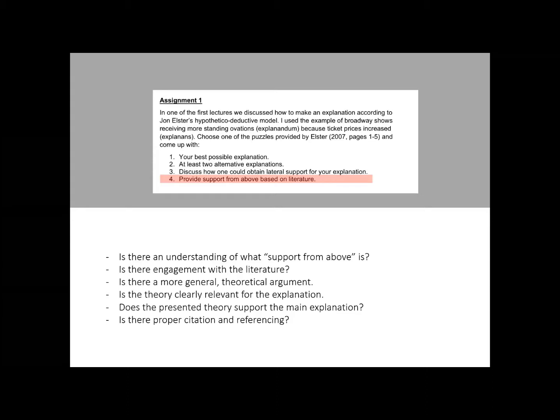So the theory of cognitive dissonance is a general theoretical argument, for example, about what goes on in people's brains. That's just one argument. You could make another theoretical argument, but that argument can explain why people stand up in the Broadway shows. You see, that's the distinction between the general thing, which is the theoretical argument, and the specific explanation that you have. And here I want you to make that leap.